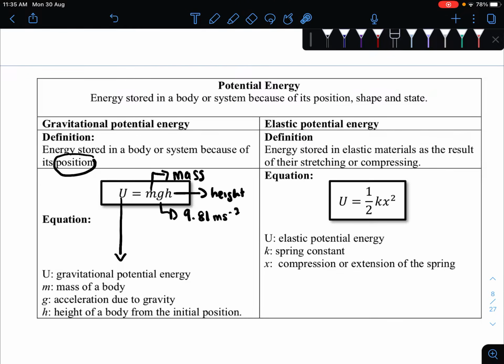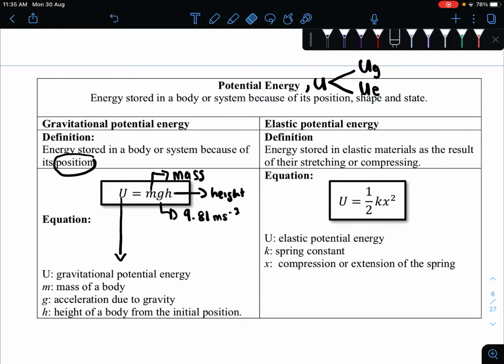So the equation for elastic potential energy adalah U is equals to 1 over 2 k x square. Where U here we also associate dengan elastic potential energy. So basically potential energy, simbol dia adalah U. Dalam potential energy kita ada 2 jenis potential energy, iaitu gravitational potential energy ataupun elastic potential energy.